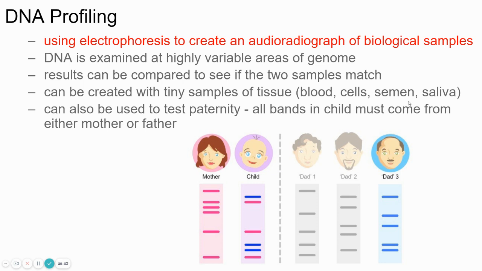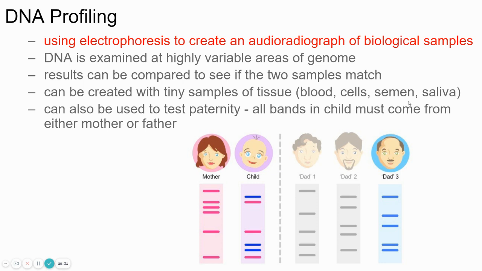If you have a DNA sample from the suspects and you compare it to the DNA you found at the scene of the crime, that can indicate that person left that blood or a piece of hair or something else at the scene of the crime. So you can use this to match people to an unknown sample.